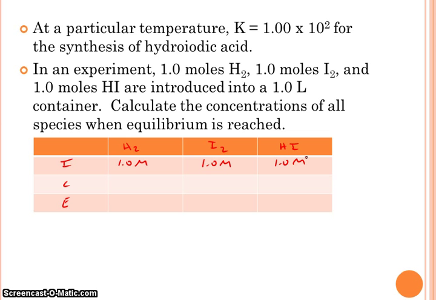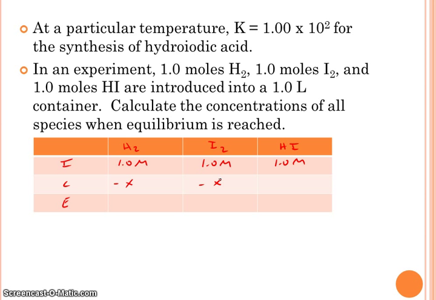But it doesn't give us any of the equilibrium concentrations so that we can determine the changes. So if we don't know something, we're going to put in X as our value. So X amount of hydrogen is going to react. X amount of iodine is going to react.